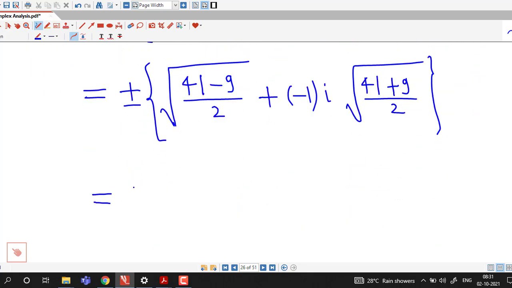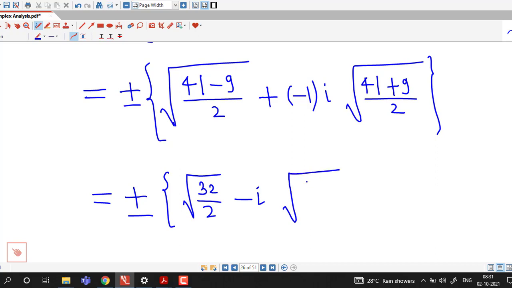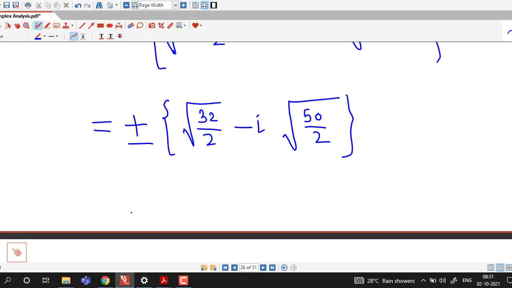So now this is just simplification. 41 minus 9 is 32. Okay, 32 plus 9 is 41. So 32 divided by 2, or we can write one more step. Here we have 32 divided by 2 minus i, and here 50 divided by 2, 41 plus 9.